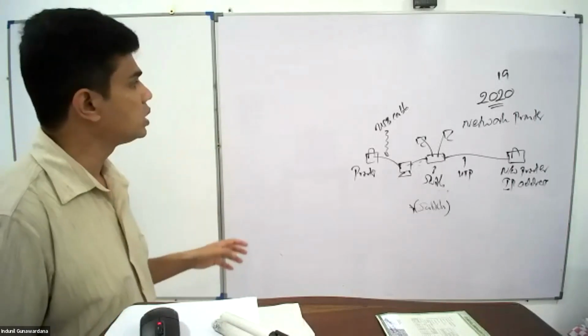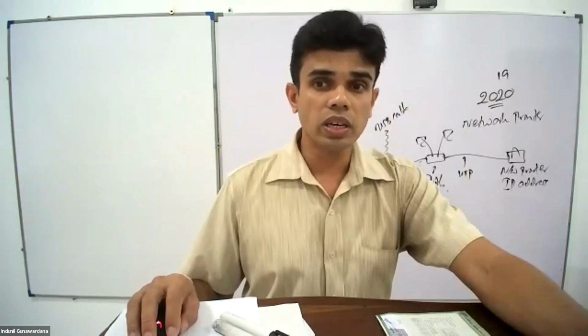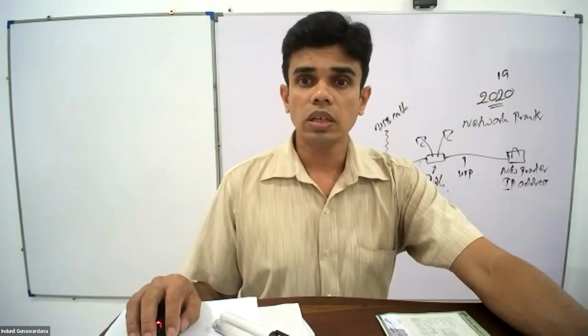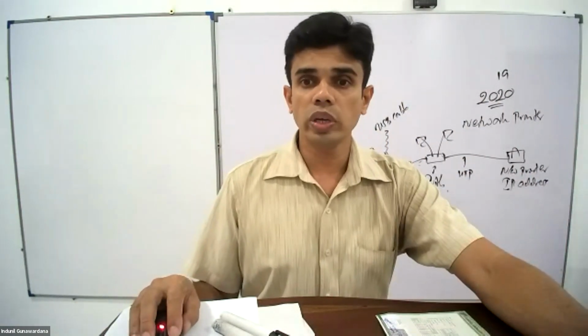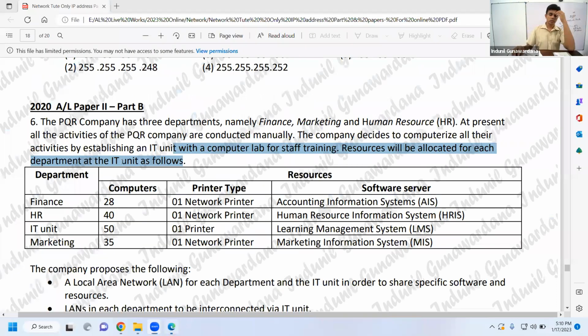Fine. Then we go to the next part. That's about the network printer, right? Yes, people who joined recently, we are doing the 2020 question, which I asked you to do at home. In that question, we have this network printer. I said that it's another device connected to the network. So this is making another host.